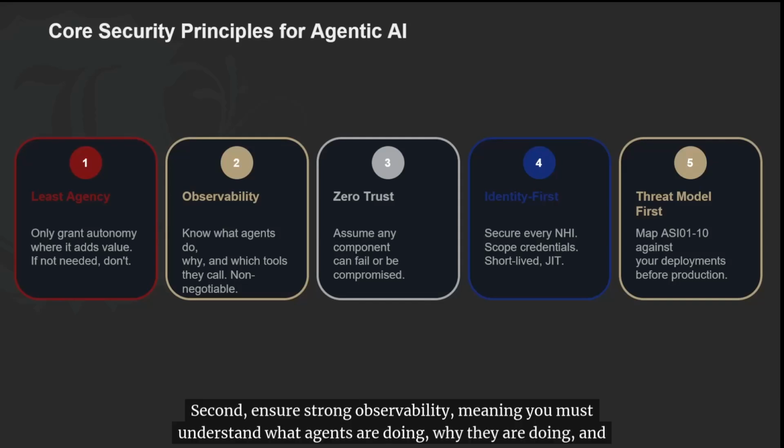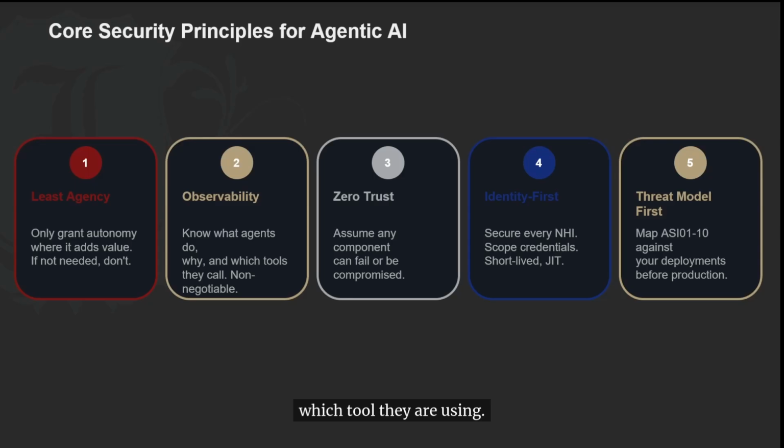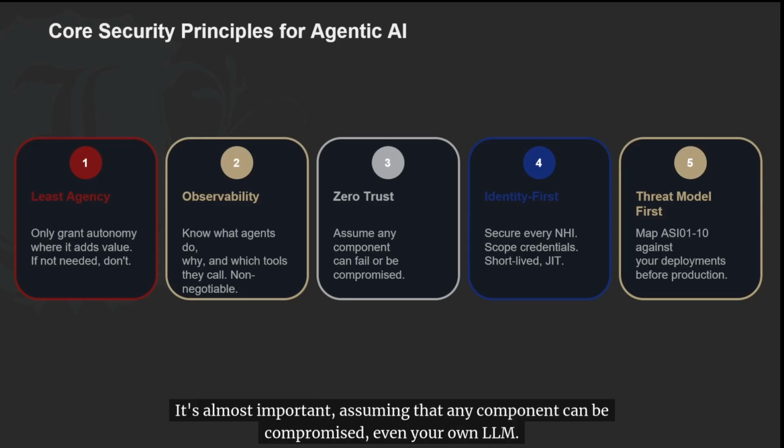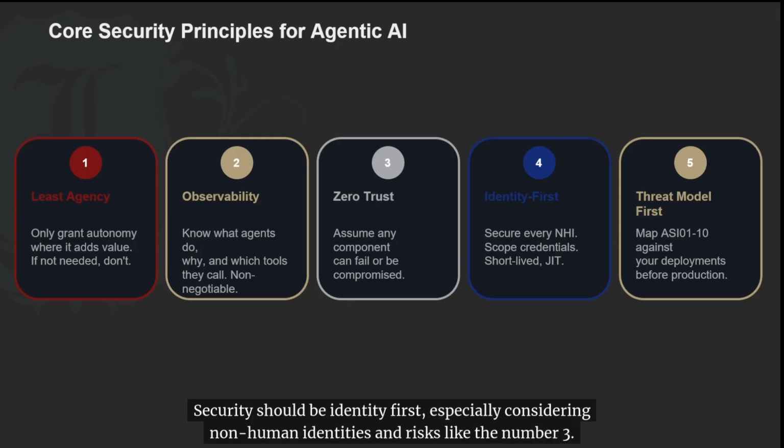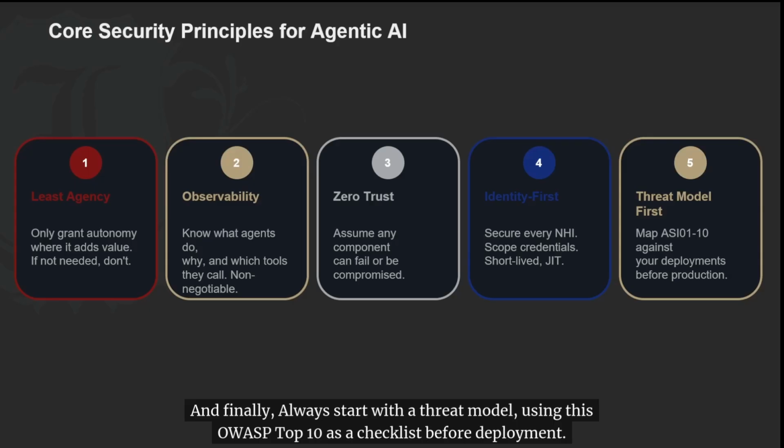Second, ensure strong observability, meaning you must understand what agents are doing, why they are doing it, and which tools they are using. Zero trust mindset is also important: assume that any component can be compromised, even your own LLM. Security should be identity first, especially considering non-human identities and risks like number 3. And finally, always start with the threat model, using this OWASP Top 10 as a checklist before deployment.